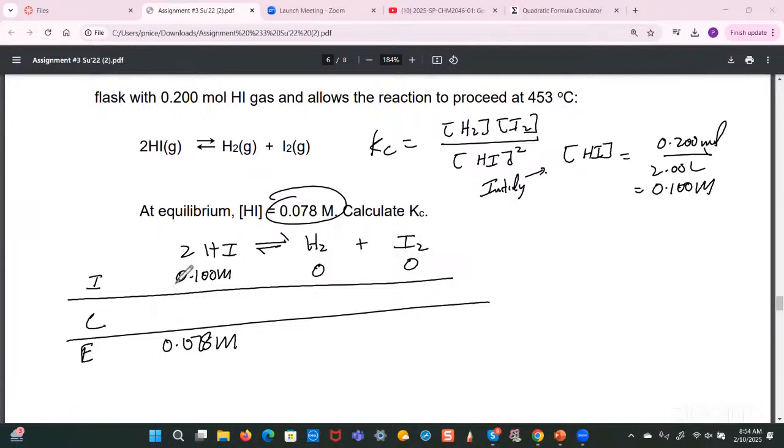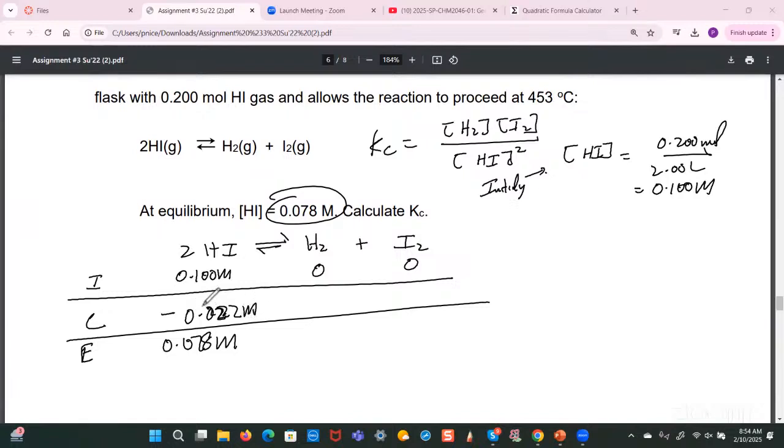What would be the change from going from here to here? Minus 0.022, exactly, 0.022 M.